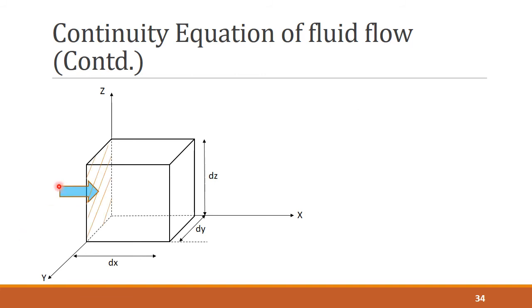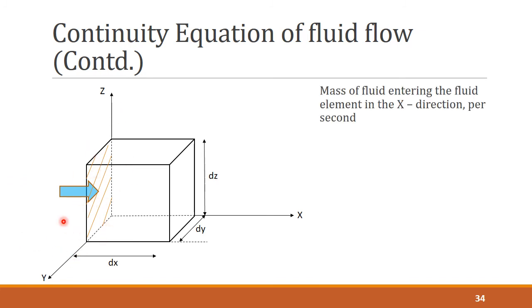So here let us consider the flow happening in the x direction. Now when the flow enters the control volume, it is going to enter through this particular shaded area, which is equal to dy into dz. So mass of the fluid entering the fluid element in the x direction per second is given by dm by time, which is density into d volume. That dv is the volume of the element by time.